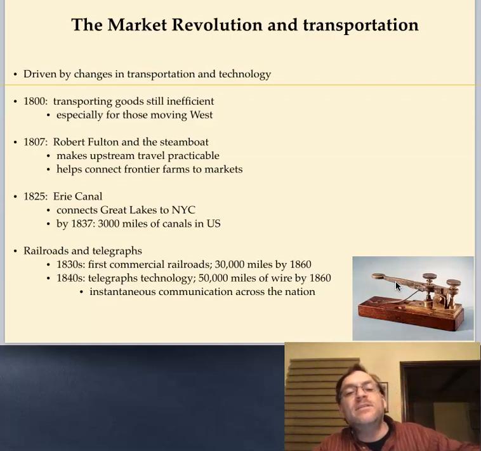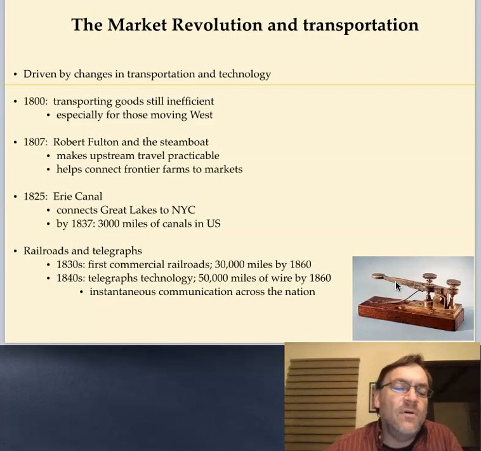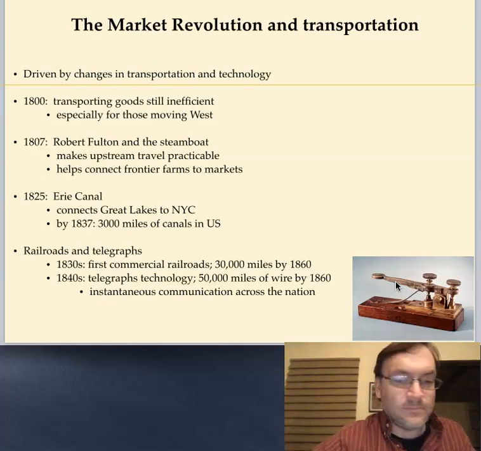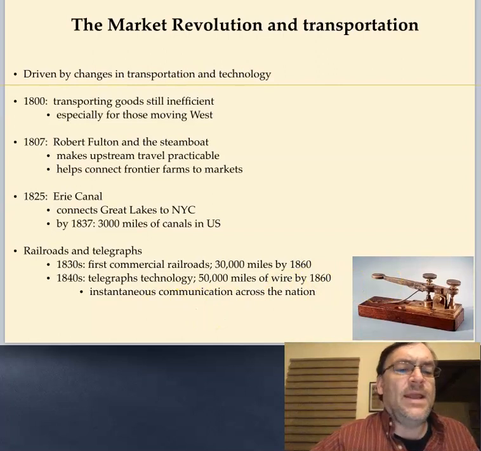So you have near instant communication across the nation, again, which is ending the isolation of Midwestern farmers in the Midwest and further in the interior of the United States. So it's ending their isolation and connecting them to the east.